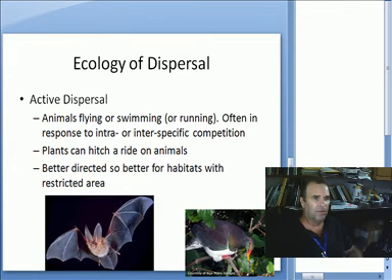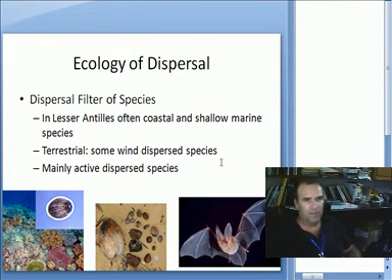Now, generally, the type of organisms that you get in terrestrial ecosystems on the Lesser Antilles tend to be mainly actively dispersed species. In other words, species which are carried by animals or are animals themselves which fly over the water, okay?